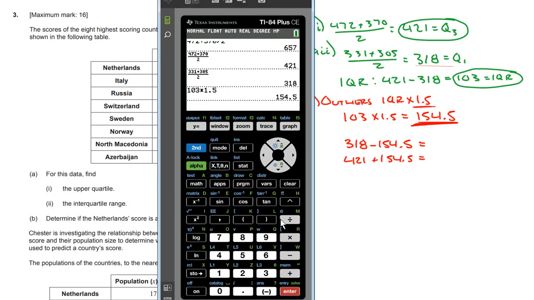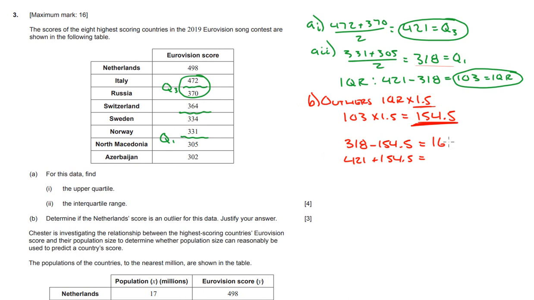So if we take 318 minus 154.5, we get 163.5. So anything that's below 163.5 would be an outlier. That is obviously not going to have any outliers there. Of course, if we're looking at the Netherlands, that's the upper end. We didn't even have to bother with that. So sorry, wasted a little bit of time there.